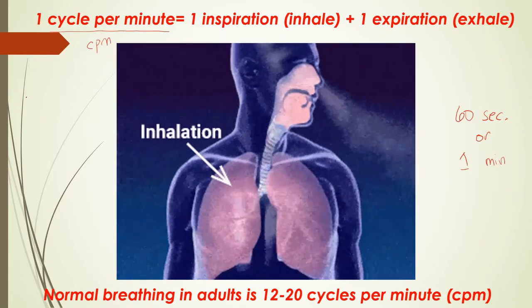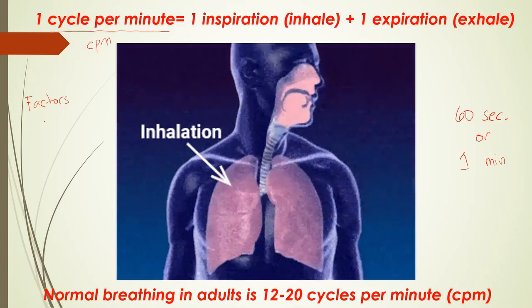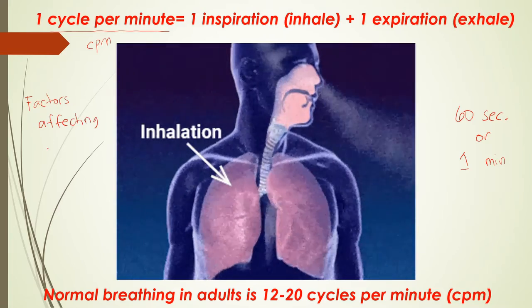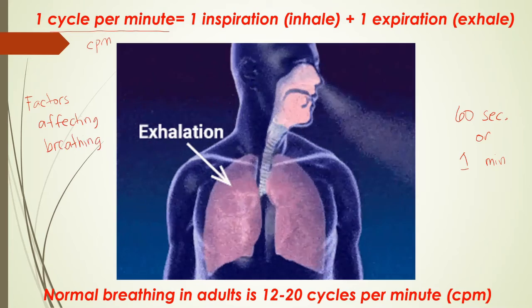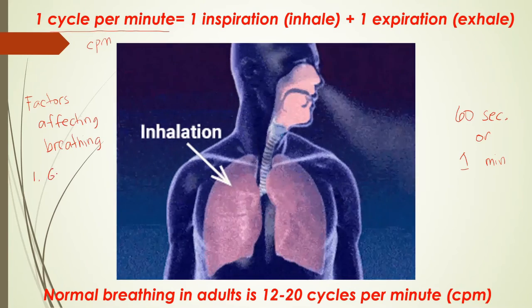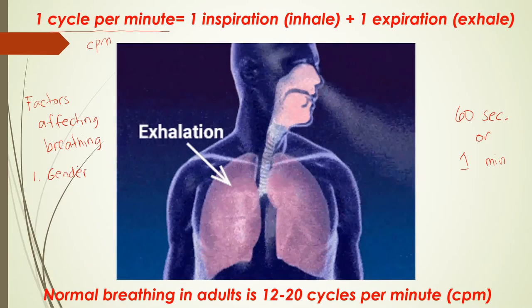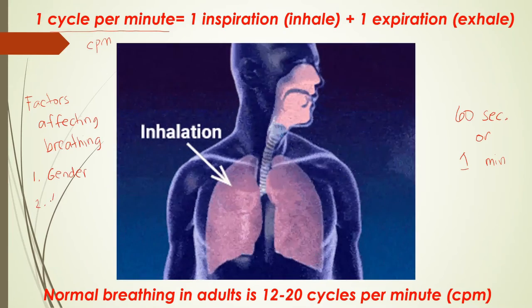Let me just write this one. Factors affecting breathing. Maybe you have friends that breathe faster than you, so maybe it's because of their gender. Maybe he's a boy, or maybe he breathes slowly because she's a girl. Or it can also be their age.